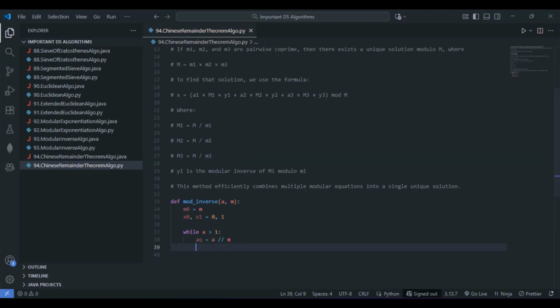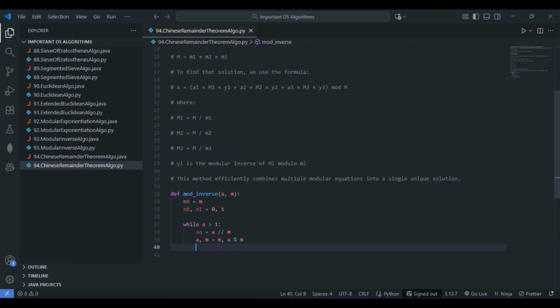Next we update a and m as per the Euclidean algorithm: m becomes a modulo m, and a takes the old value of m. So this is fine, I believe.